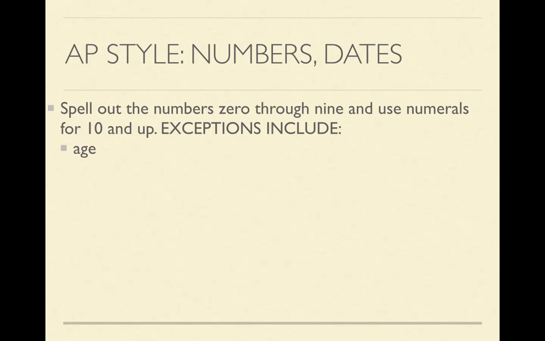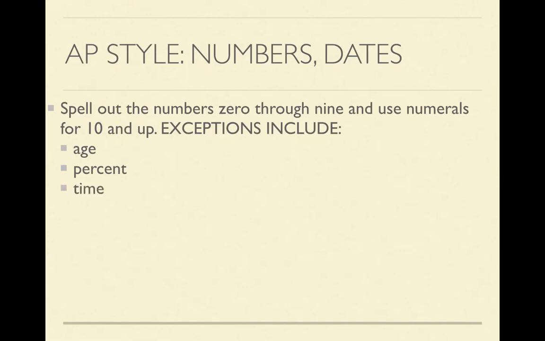Age is an exception. If you use somebody's age, even if it's under 10, remember the normal rule is you spell it out under 10, but in this case, age is an exception. So even if it's under 10, you're going to write the numeral. Another exception is percent. So even if you're just talking about 5%, you're going to write out the numeral. You're not going to spell it out, okay?